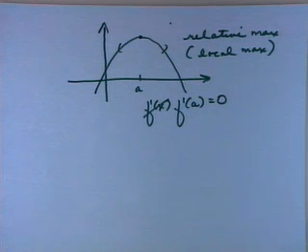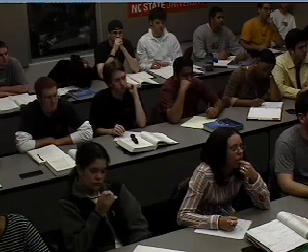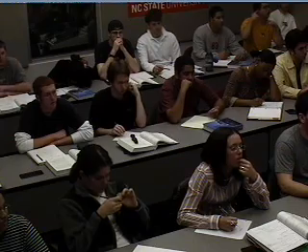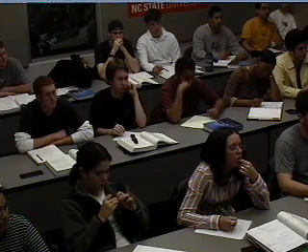But what else is going on there? Tell me something about the second derivative at A. What's that shape? What do we call that shape? Concave down. Concave down, so what must be true about the second derivative? It's less than 0. It's negative.